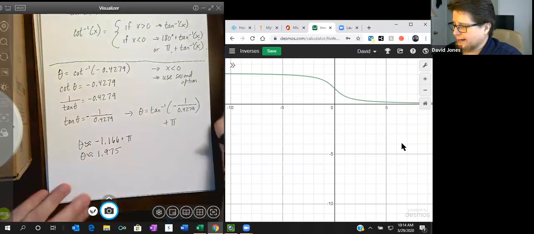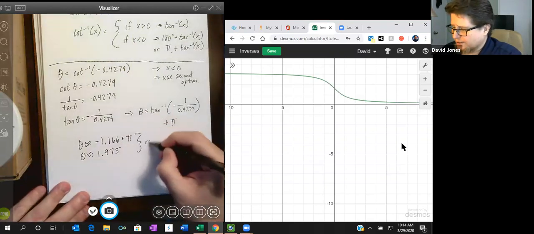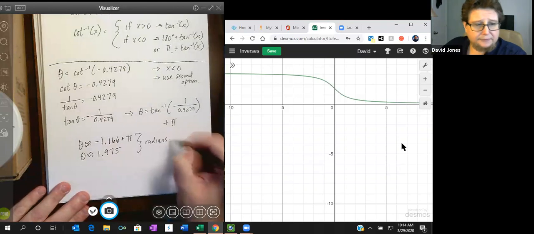And these were both in radians. Of course, if you need to do it in degrees, do it in degrees.